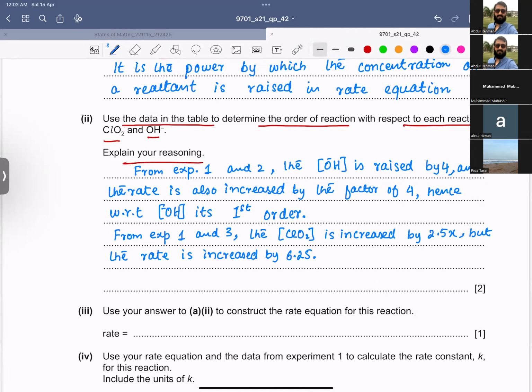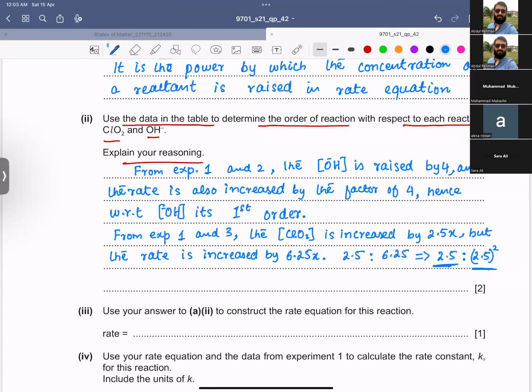So I can show the working over here. The change in concentration is 2.5 and the change in rate is 6.25, which can further be written as 2.5 squared. So the concentration is raised by 2.5 and as a result, the rate is increased by the square of this.